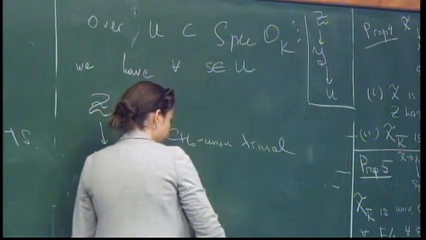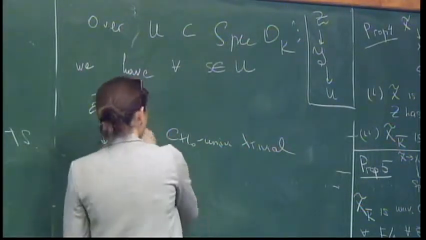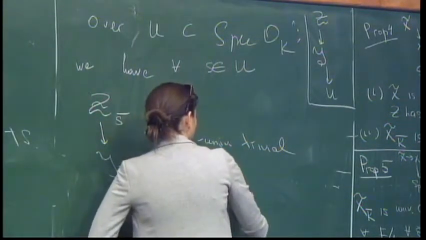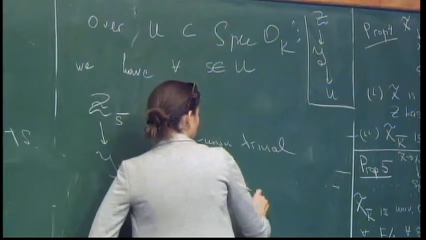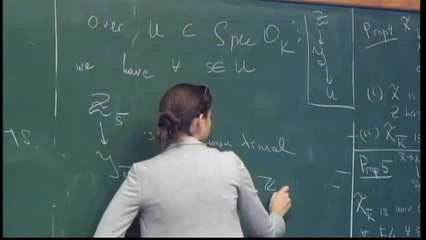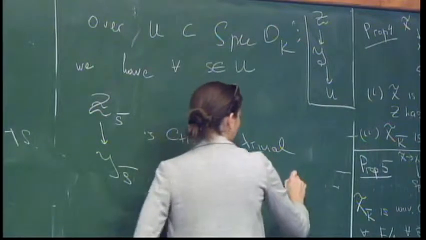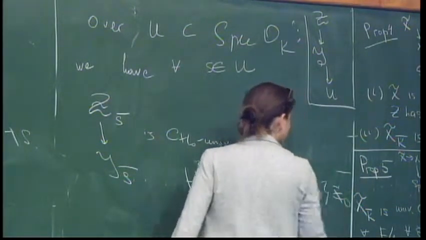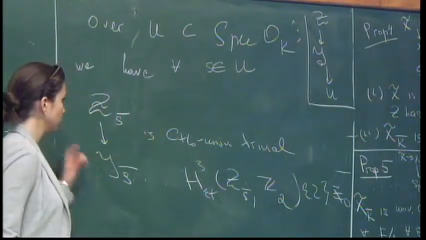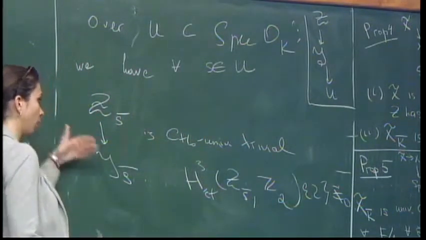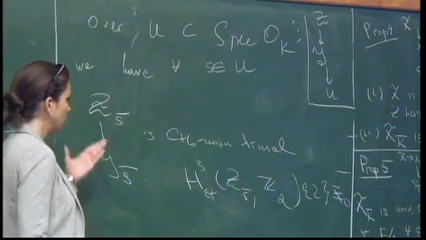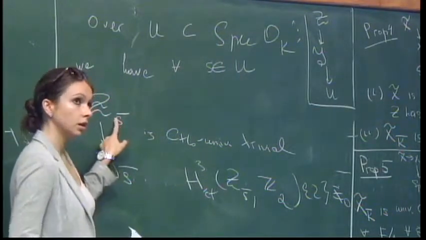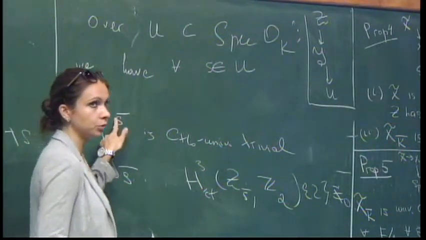And because of the properties of the étale cohomology groups, here we will have H^3 with Z_S of Z/2 and with two-primary torsion is non-zero. This is just obtained by the base change from the generic fiber. So the conclusion is that this variety Z_S is not CH0 universally trivial.